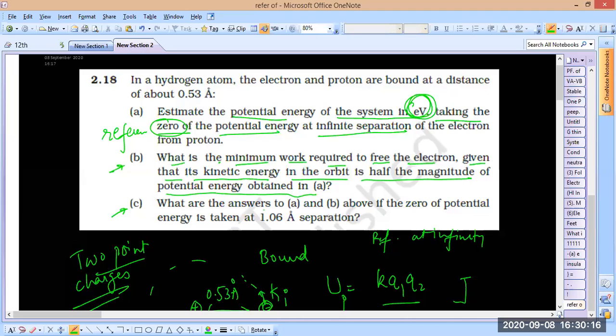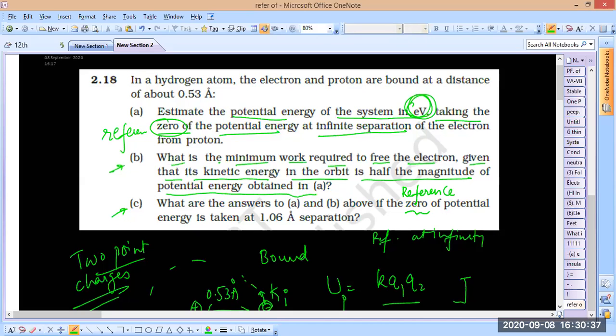What are the answers to A and B above, if the reference of potential energy is taken at 1.06 angstrom separation?